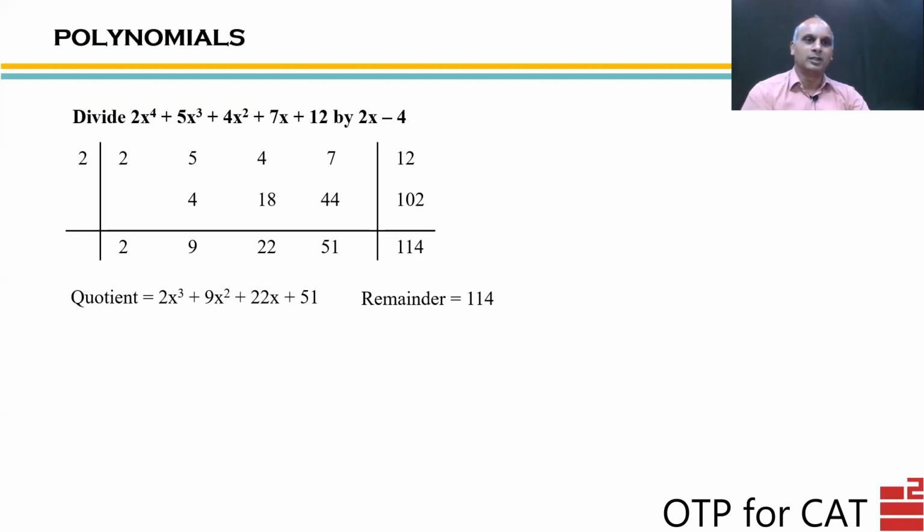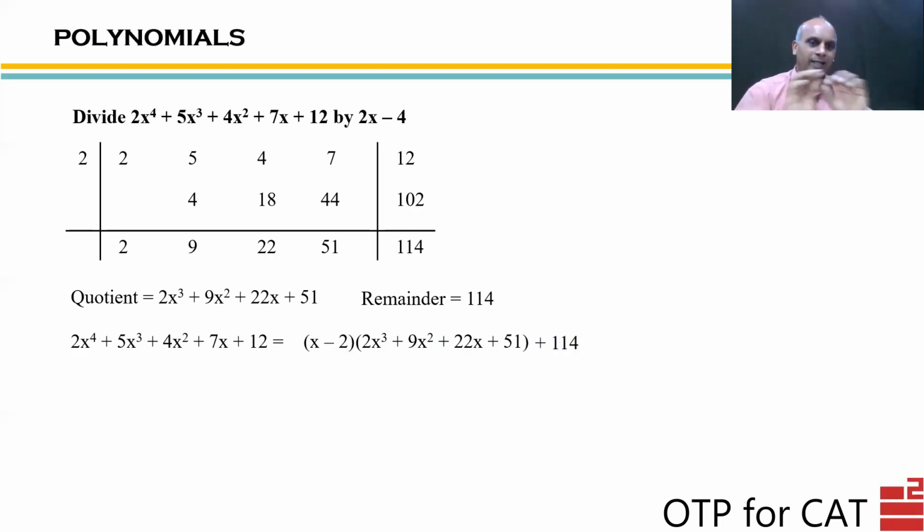Let us explore further. Now this we are sure is the answer when the divisor is x minus 2, as we have learned in the previous examples. So let us do it by division algorithm now, that the dividend is equal to x minus 2 into this obtained quotient plus remainder 114. This is my exact equation, the correct equation.